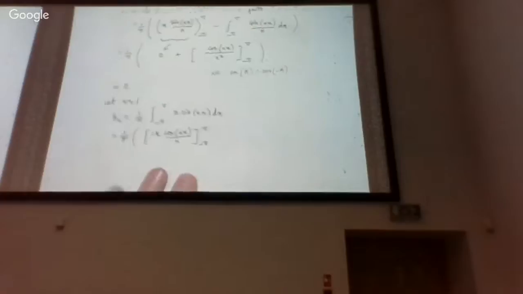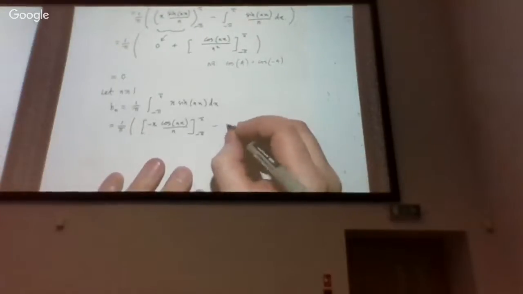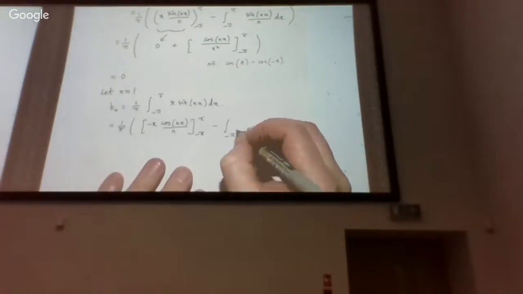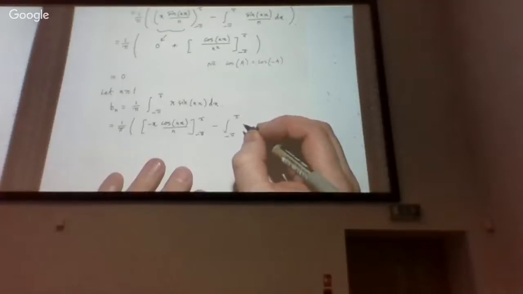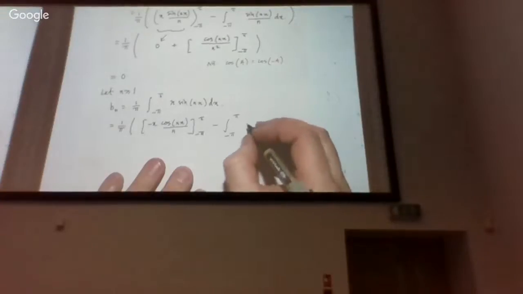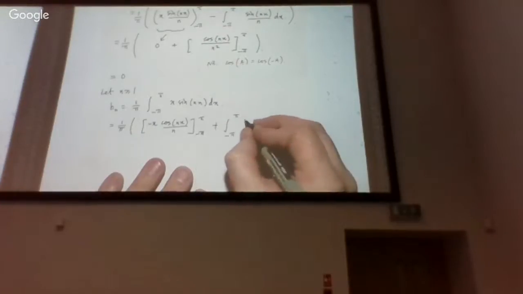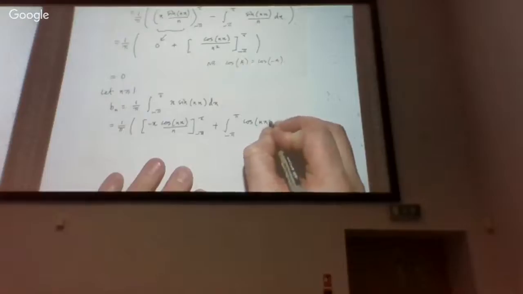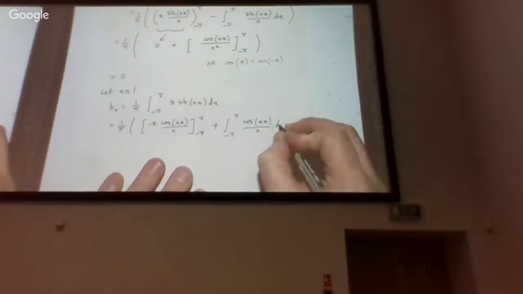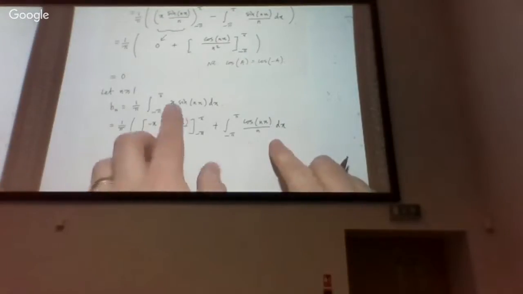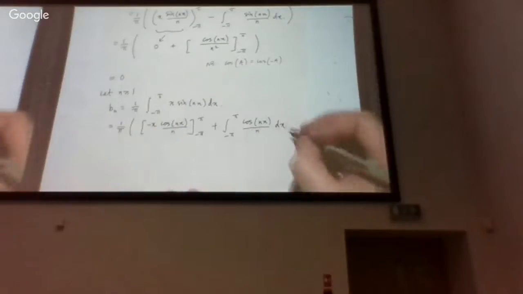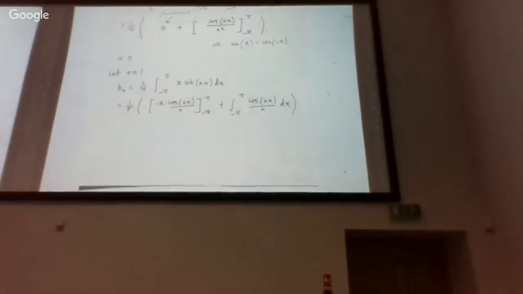So you have this evaluation, and then you've got minus the integral from minus pi to pi. We're integrating minus cosine, so this is going to be a plus cosine nx over n dx, multiplied by the derivative of x, which is just 1. So take that integral.